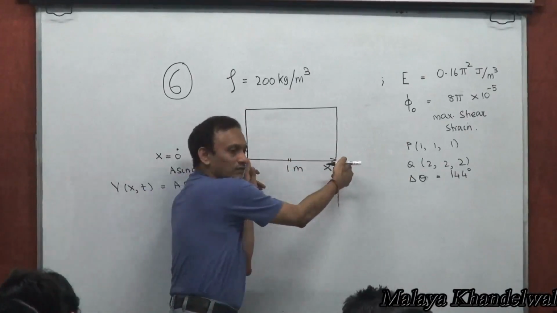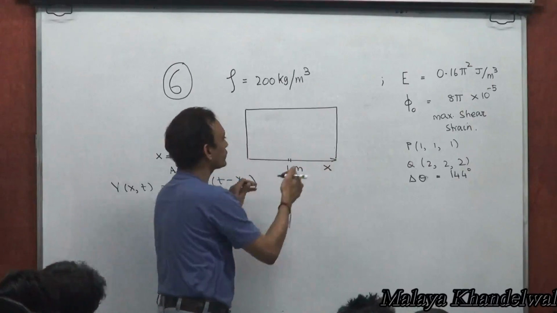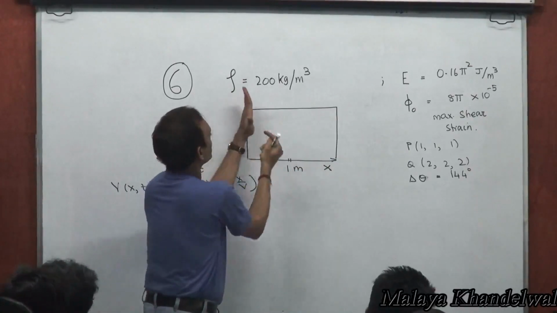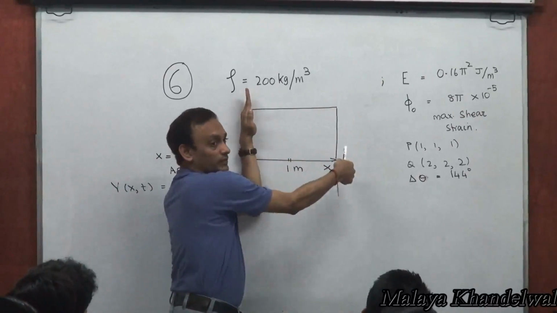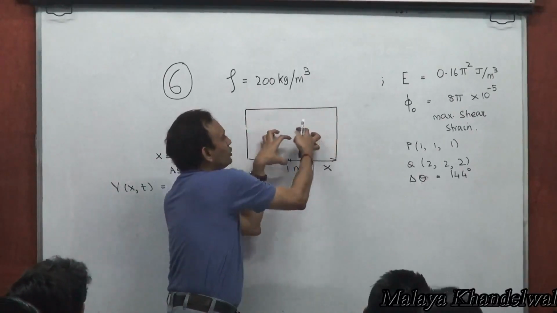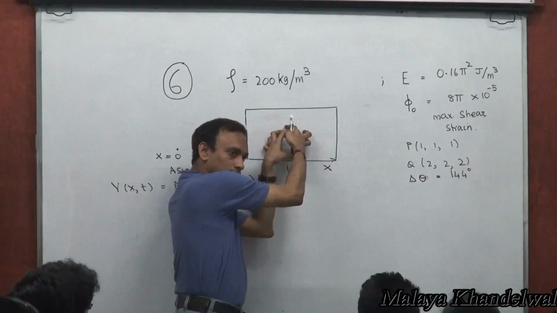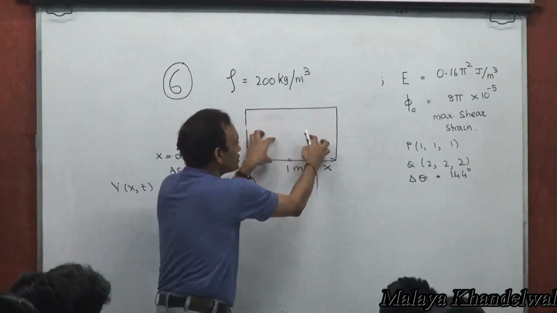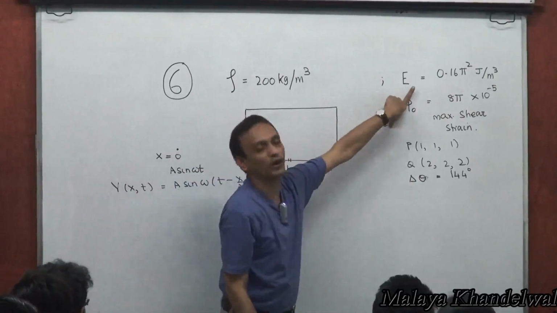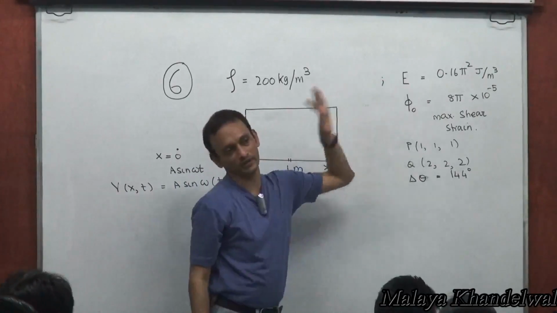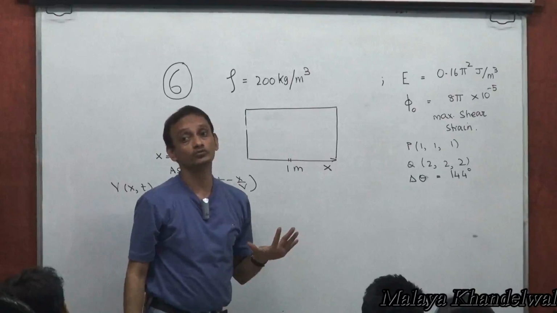So this is one meter length in the direction of travel of the wave. And there is an area like this which is 1 square meter. So what would be the volume of this region? 1 cubic meter, right? The total energy in 1 cubic meter of all the particles executing SHM, that's 0.16 pi squared joules per cubic meter. Yes or no?